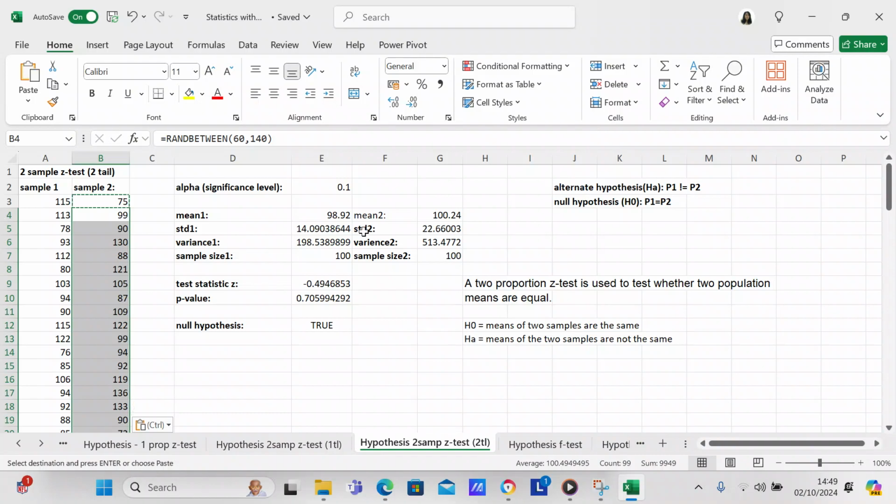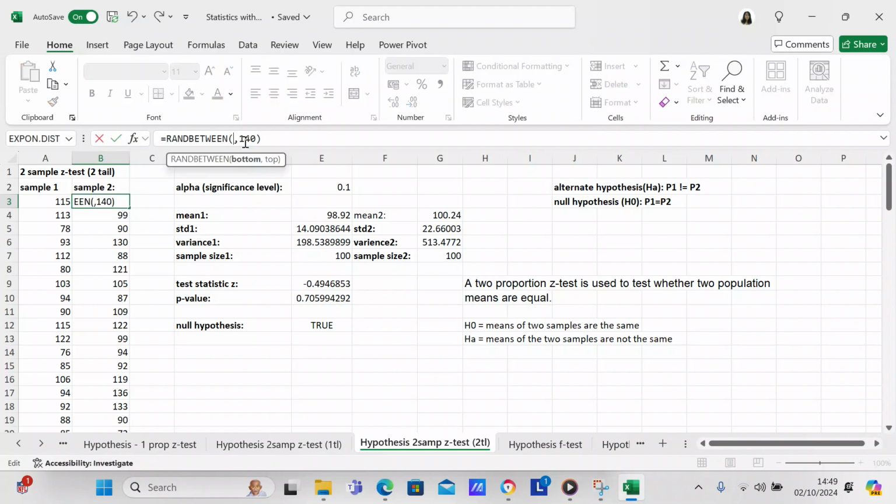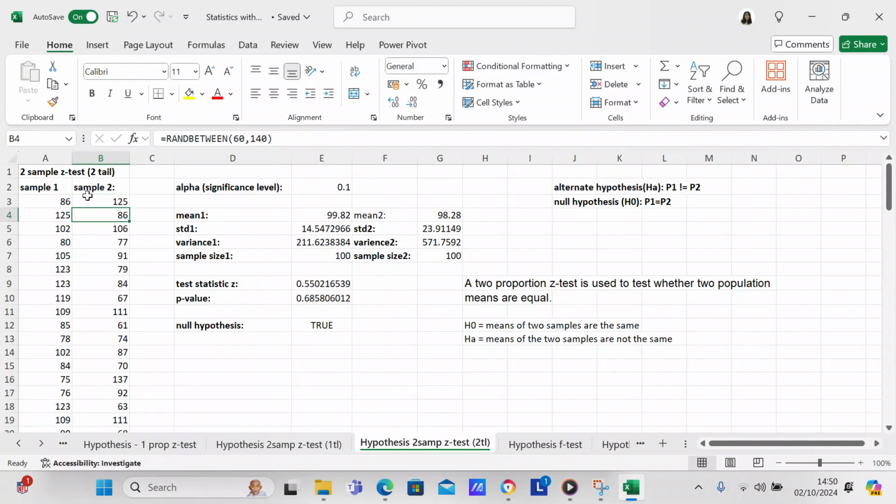So here we've changed the numbers of the two samples, but the means are still the same. The means are still the same even though we've changed the numbers of the two samples. So let's go ahead and change it. Let's make it like 80 to 140 and see what happens.